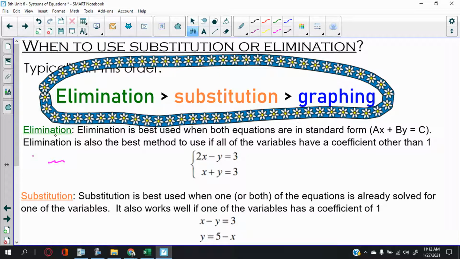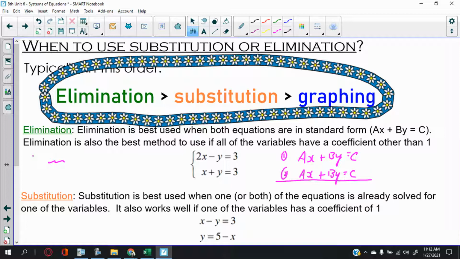So let's talk elimination versus substitution. Elimination is best used when both equations are in standard form, meaning the first equation and the second equation have exactly the same form. The reason is that with that method, you can compare the two x terms and the two y terms and make a determination of one of three things.